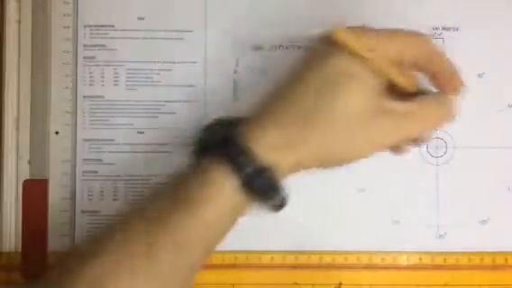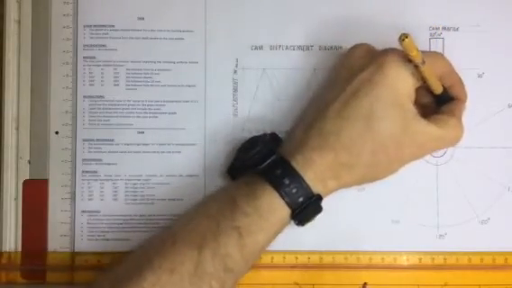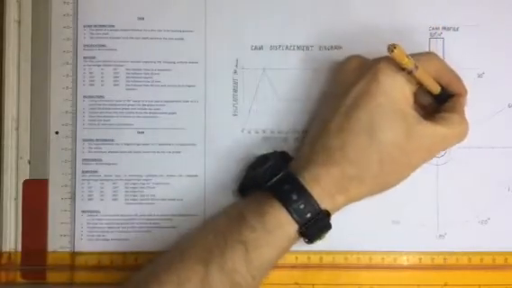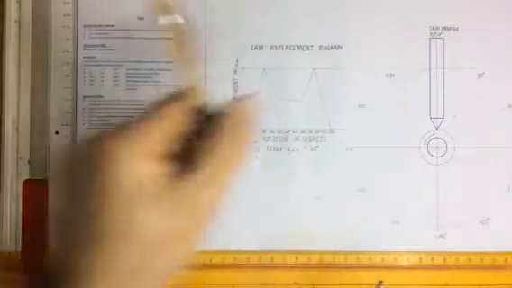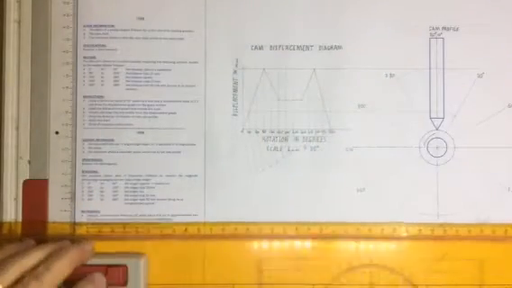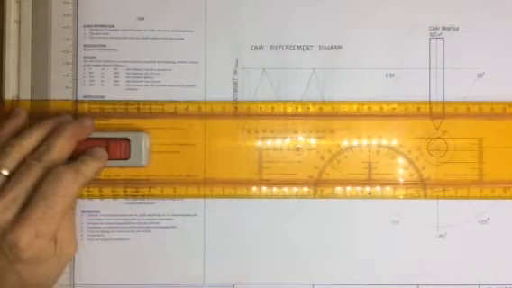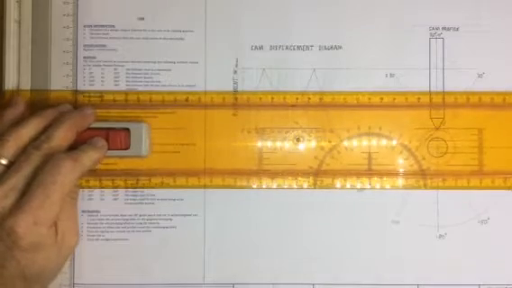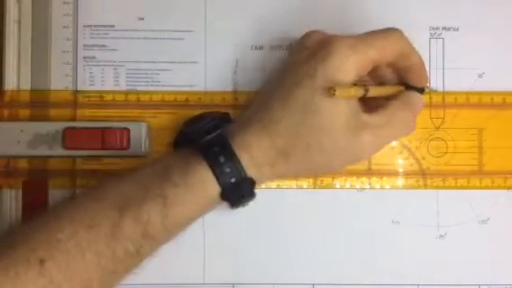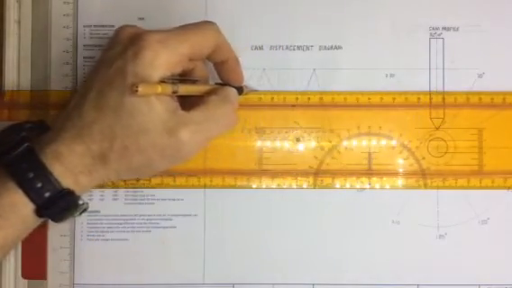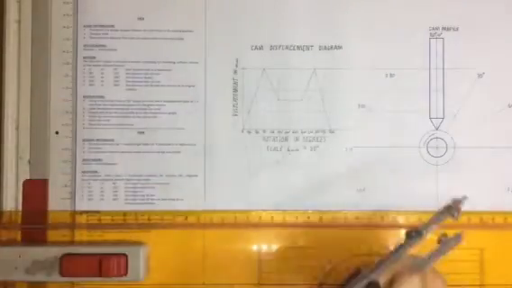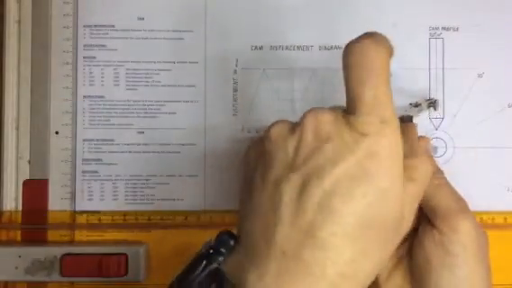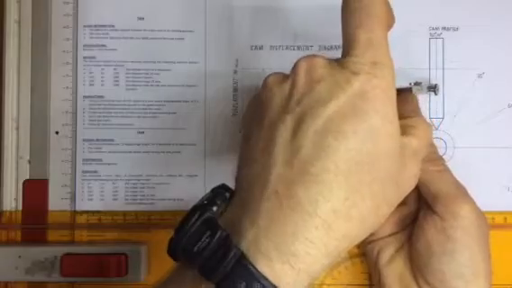Now, please do the actual arcs. They want to see them. There's my first point. I'm going to put a blob. Please do not put a blob. I'm just doing that so it's easier for you to see. I then go to 60. It's that point over there. Take it across. Take your pair of compasses, extend them out to there, and we draw an arc going across there to 60.